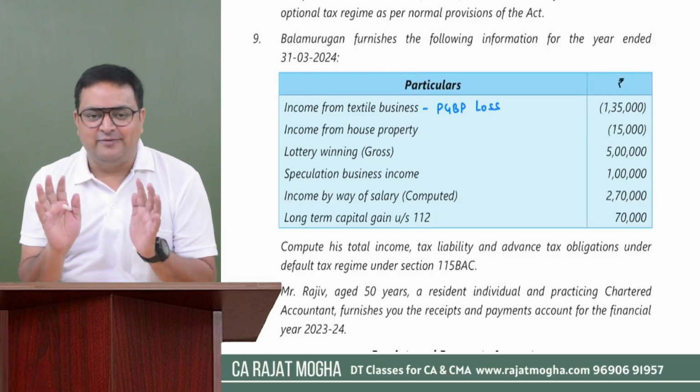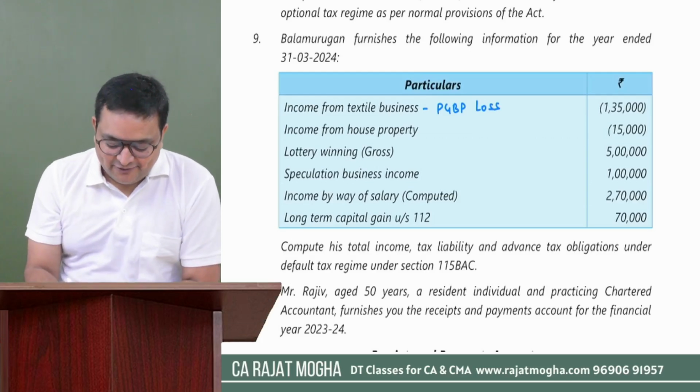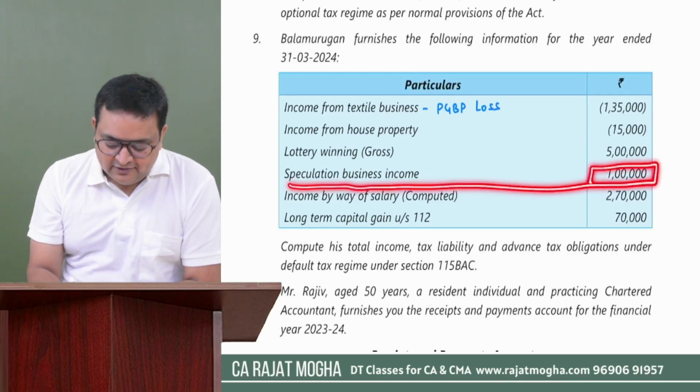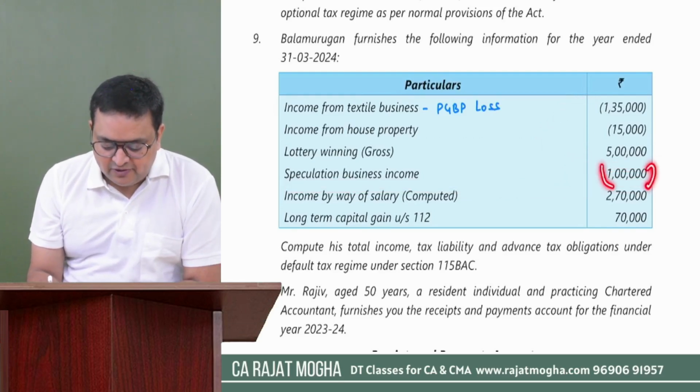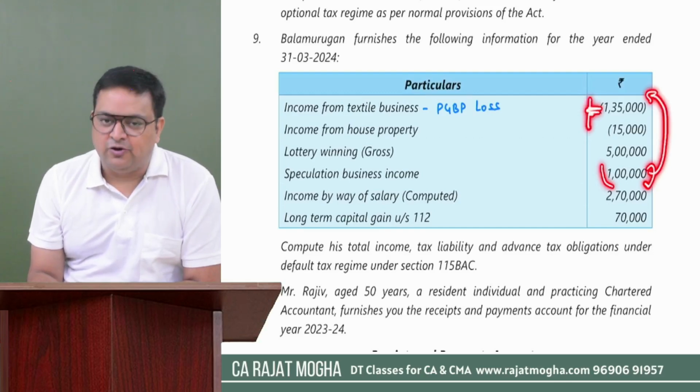Vice versa cannot be there, right? So you can set off this PGBP loss. This is a normal loss. See, here there is speculation business income also of 1 lakh rupees. So can this loss be set off from this income? The answer is yes, sir. Normal loss can be set off from speculative, but if this had been a speculative loss and this had been normal income, then vice versa is not possible.